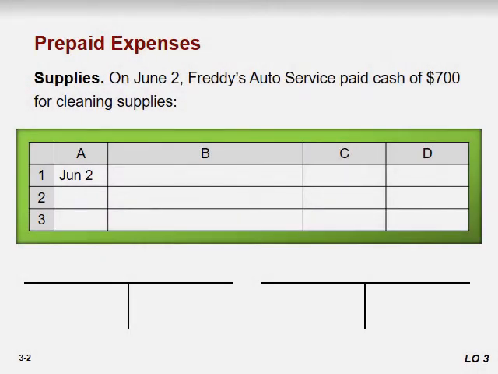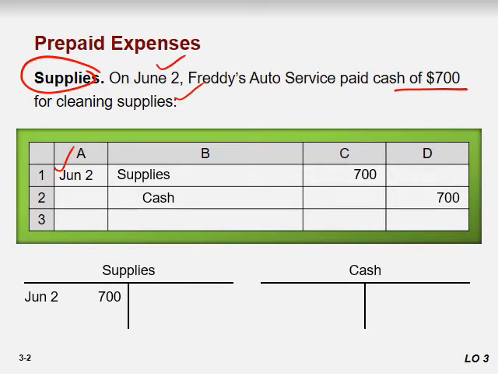The second category of the prepaid expenses is supplies. Let's continue and understand this with an example. On June 2, Freddy's Auto Incorporation Service paid cash 7,000 for cleaning supplies. What will be the entry? The entry would be, on June 2, supplies to cash, because you paid cash for supplies.